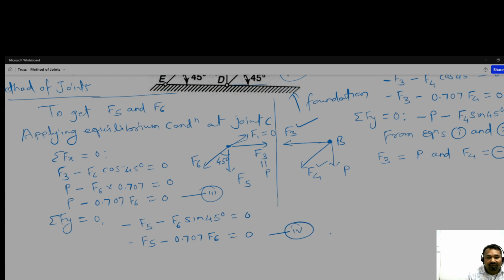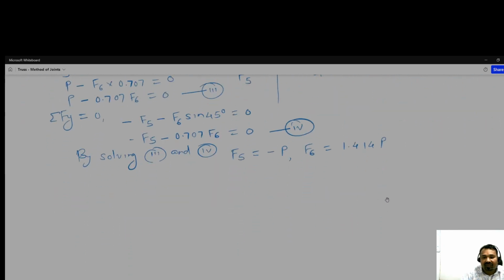Okay, so by solving the third and fourth equations, what do we get? We get F5 is equal to minus P and F6 is equal to 1.414 P. And at the last, at the same place, better to write what we got.